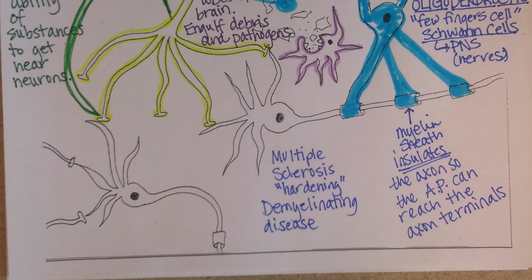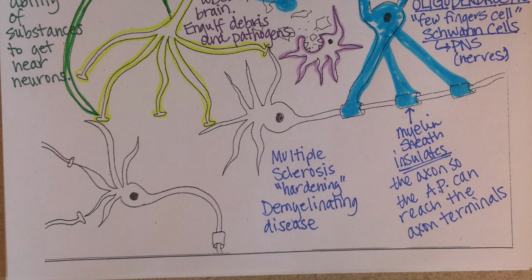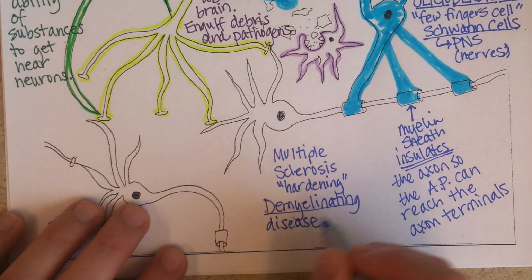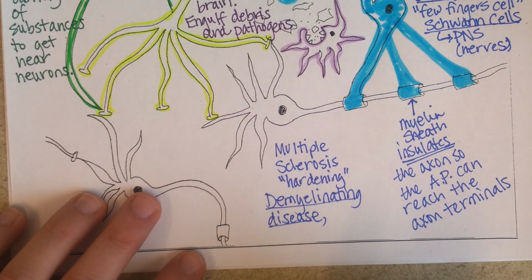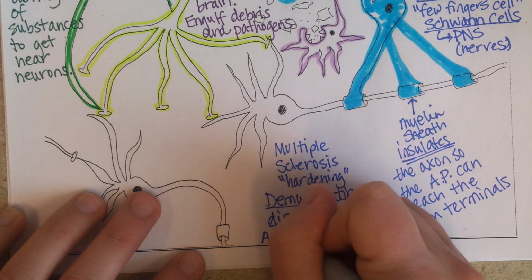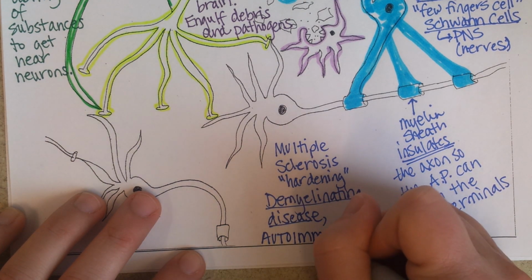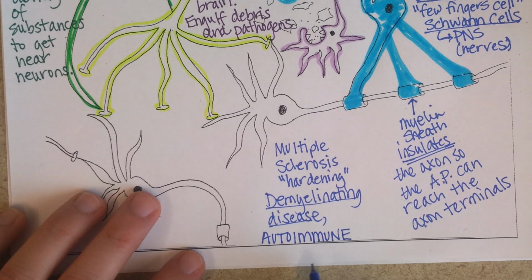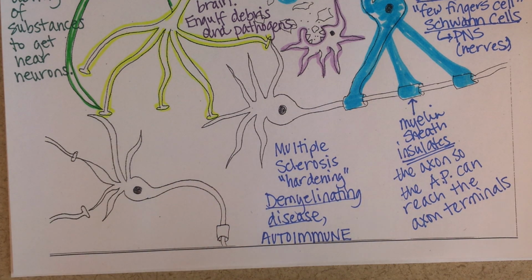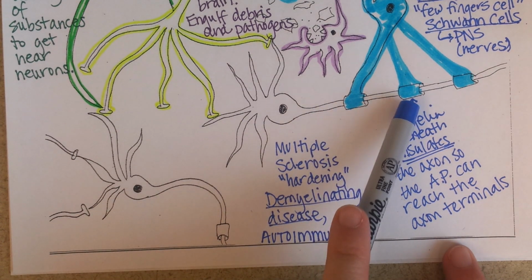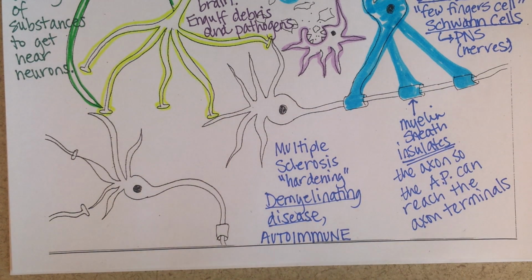They also start to have a lot of muscle fatigue, vision problems, things that require myelinated axons. So this is a demyelinating disease, and it is autoimmune in nature. And what that means is that the person's own white blood cells are attacking the myelin sheath and destroying it. And then as the fat is removed from the axons, the electrical signal can't successfully make it to the end of the line.